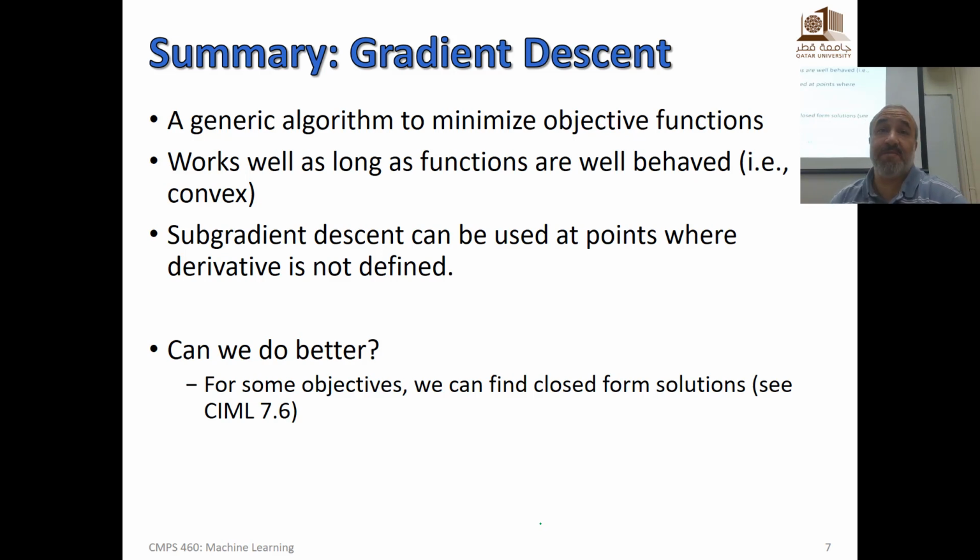You can find an example of that in section 7.6 in the book. It's optional. You are not required to look at it, but if you are interested to see a closed formula for a linear model using a specific loss function, you can find the example there.